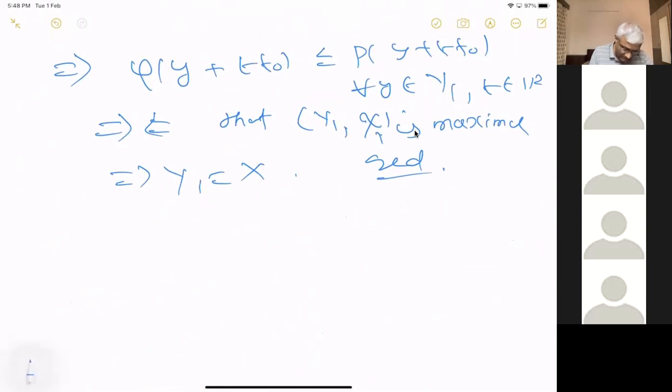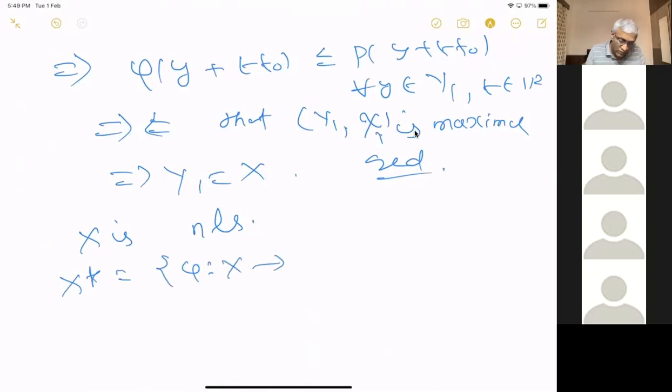So this implies that if X is a normed linear space, then we can define this X star, all those phi from X to, oh, I haven't proved this, sorry.